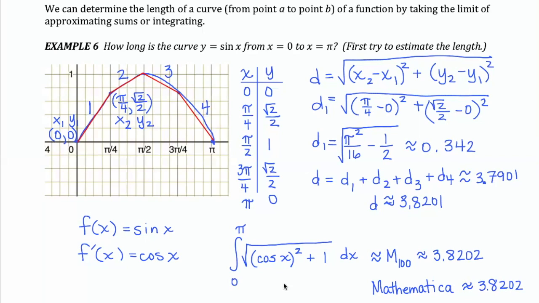So finding the length of curves is not super difficult, provided you can find the first derivative. And then, like I said, the integration, if it's too difficult, you would use some form of an approximation, or you'd use software. Or if you can integrate it by hand, you would go ahead and do that.